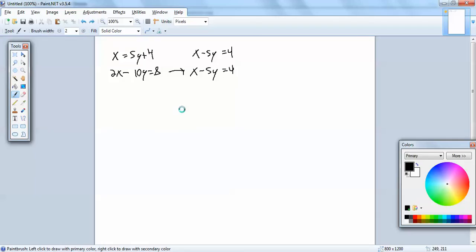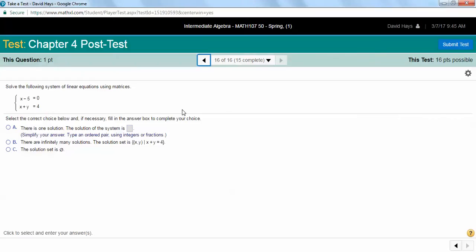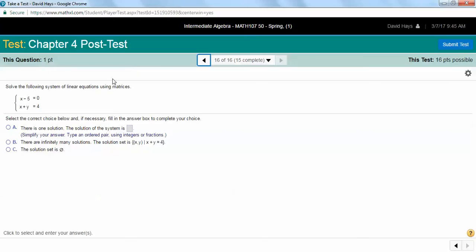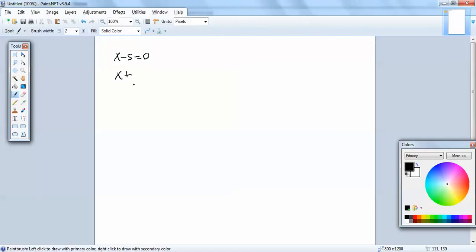Let's take a look at this one. Got x minus 5 is equal to 0. And x plus y is equal to 4. Well, right away, I noticed that I could solve for x. So here I'll take -5 over. Then if I plug that into the other equation, I'm going to have 5 plus y is equal to 4.